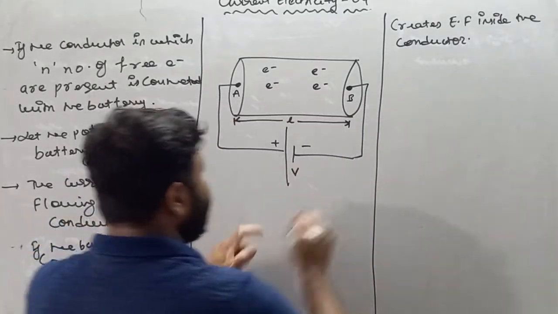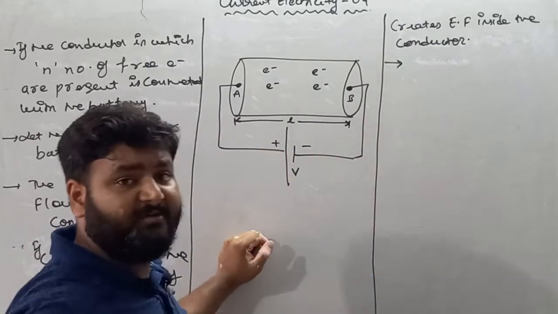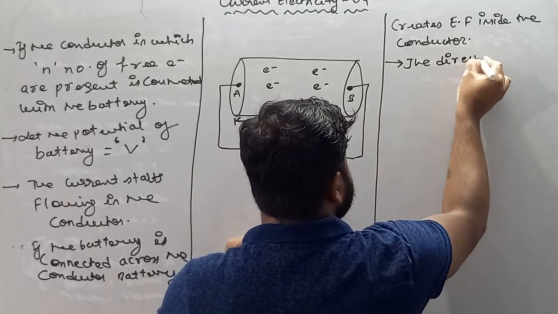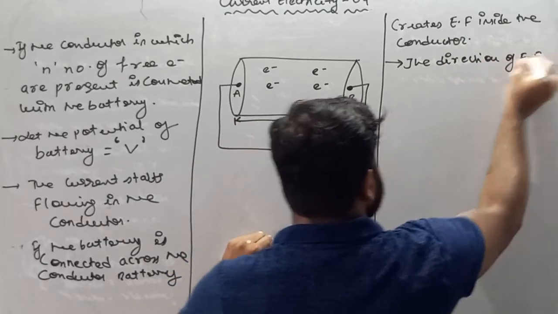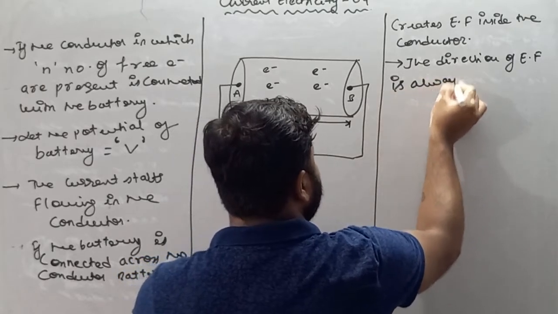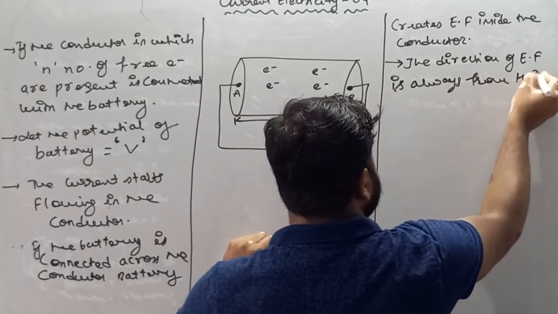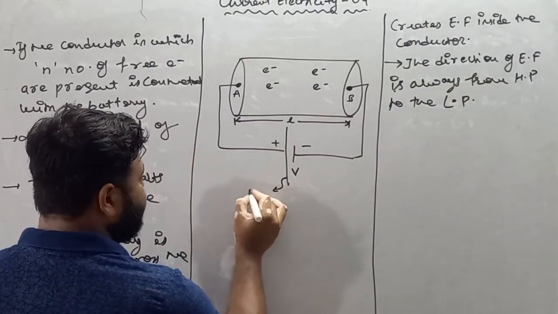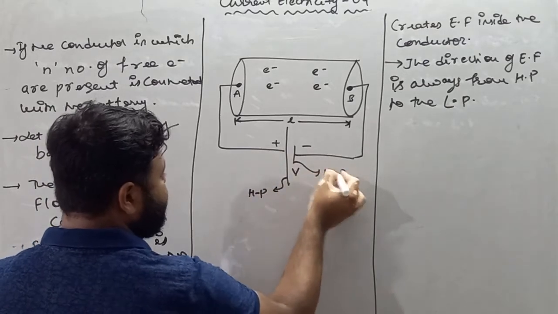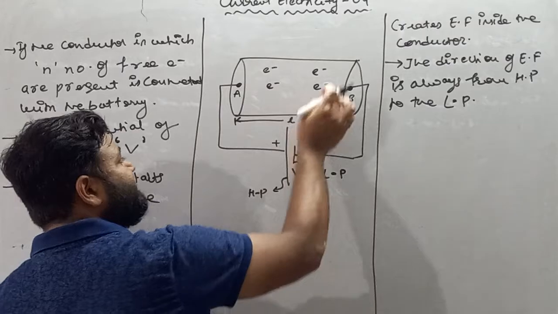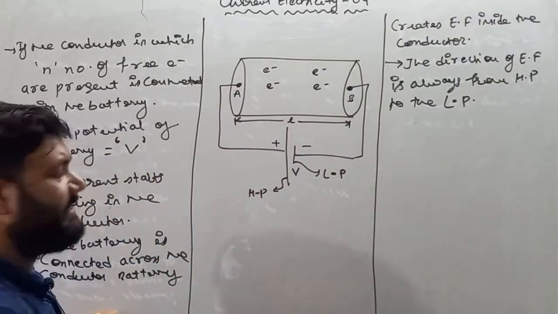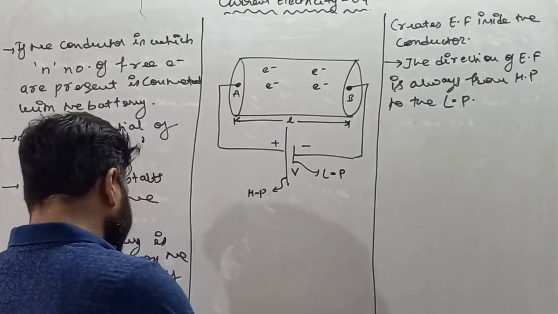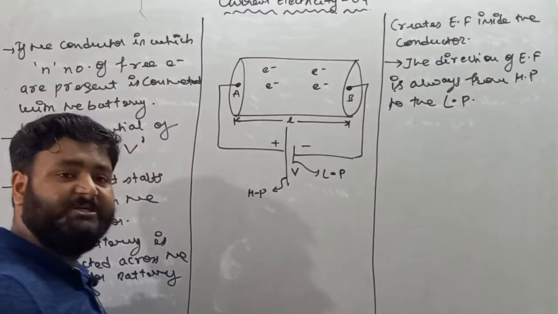We know that the direction of the electric field is always from higher potential to lower potential. I'll write it down. Positive is nothing but higher potential and negative is nothing but lower potential.